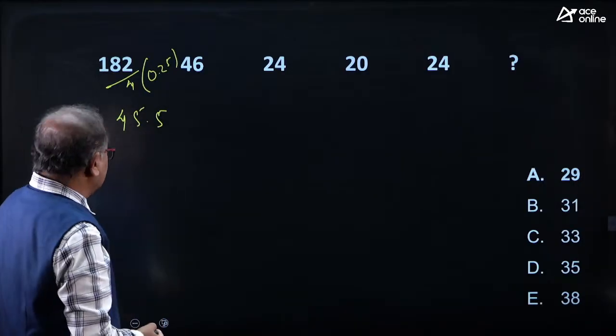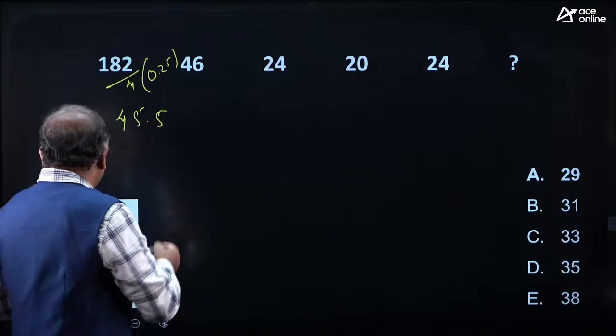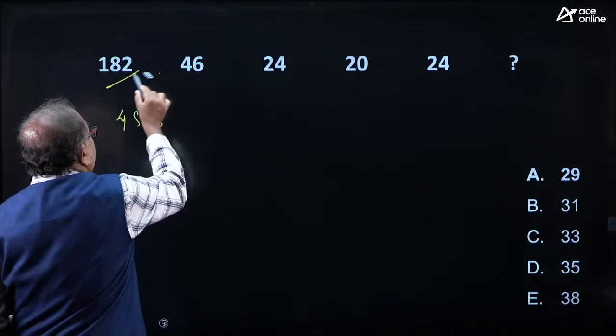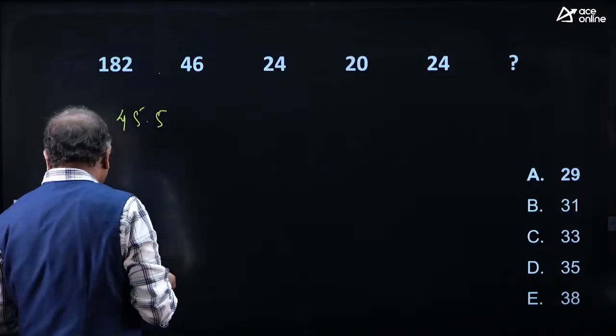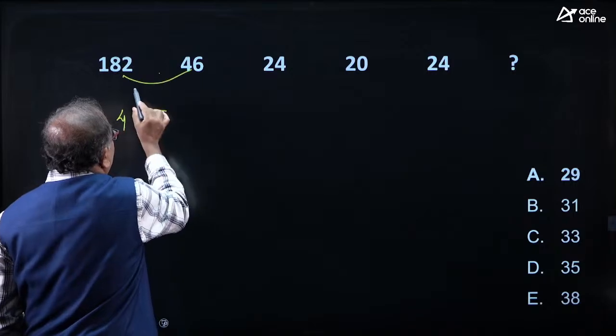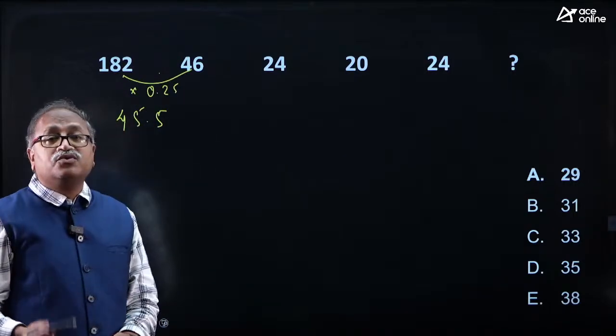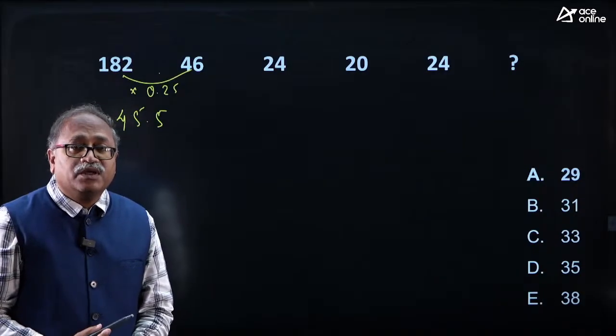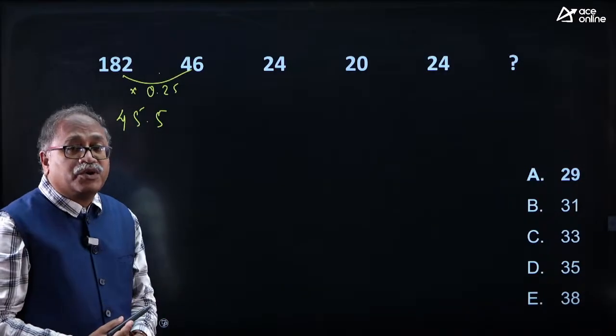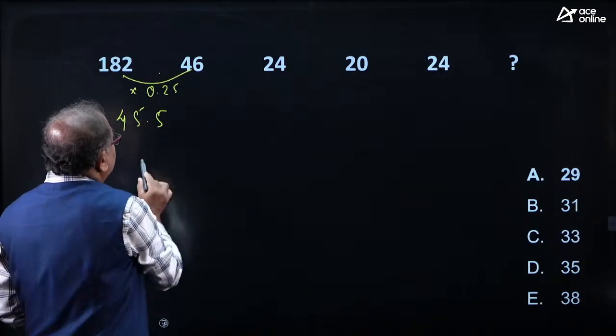So the first relation comes in this way, into 0.25, into 0.25. Till now we have handled into 0.5. Now this is the case into 0.25, and here how much do I need to add?